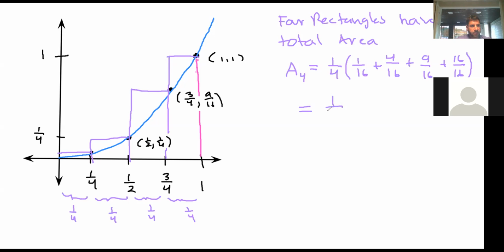So I can factor that out. And 16 is the same thing as 4 squared. So if I pull that out, I have a 4 cubed downstairs. And then I'm going to write the numerators so that I see a very particular pattern.